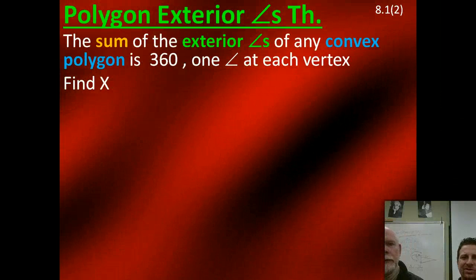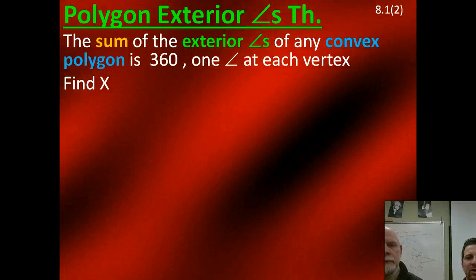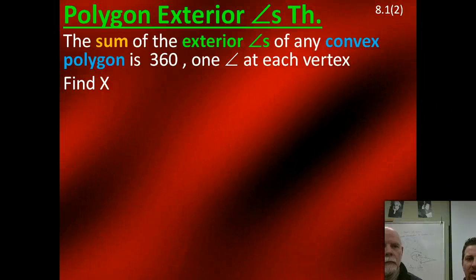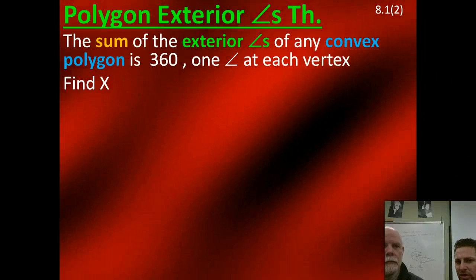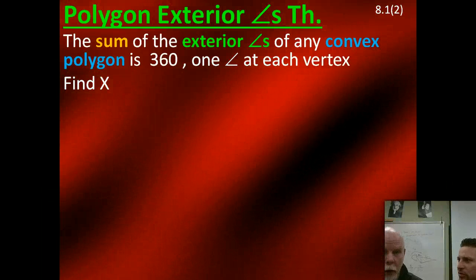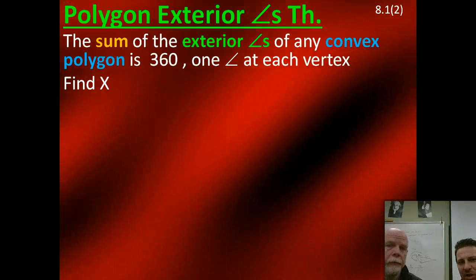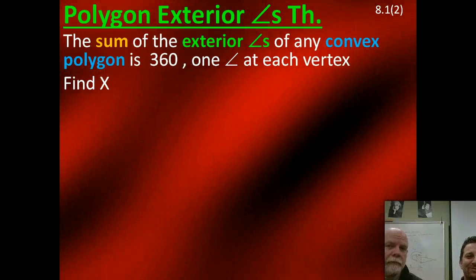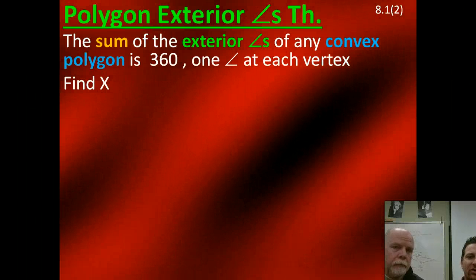All right, the polygon exterior angles theorem. Now we're looking at what happens if you extend the edges of the polygon out: you get exterior angles. To me, it's the easier of the two between interior and exterior, because the sum of the exterior angles of any convex polygon is 360 degrees, one angle at each vertex.